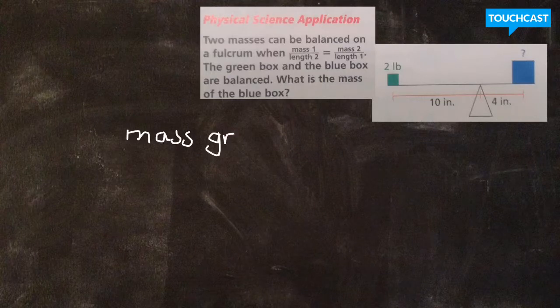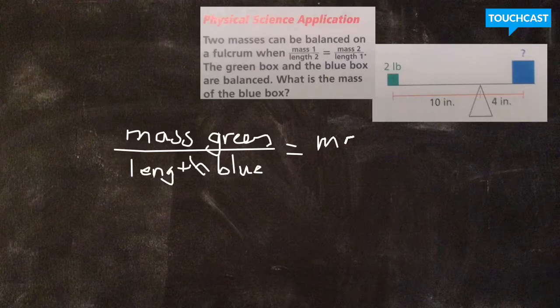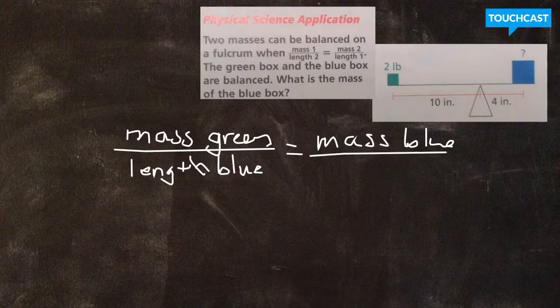That's going to have to equal the mass of the blue box over the length of the green box.